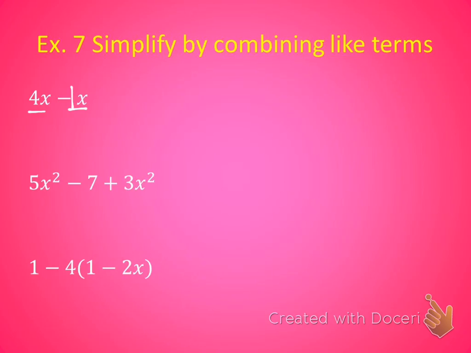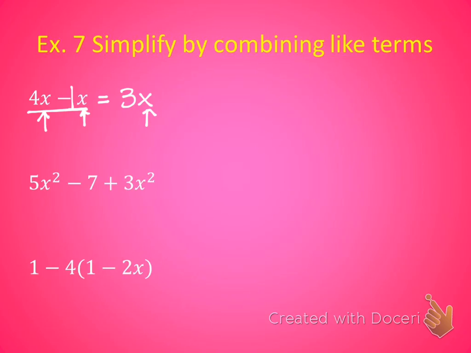Are these two terms like terms? Do they have something in common? They both have an x, so I know they're like terms, okay? So 4x minus 1x is what? 3x, exactly. And I keep that like term just like it is.